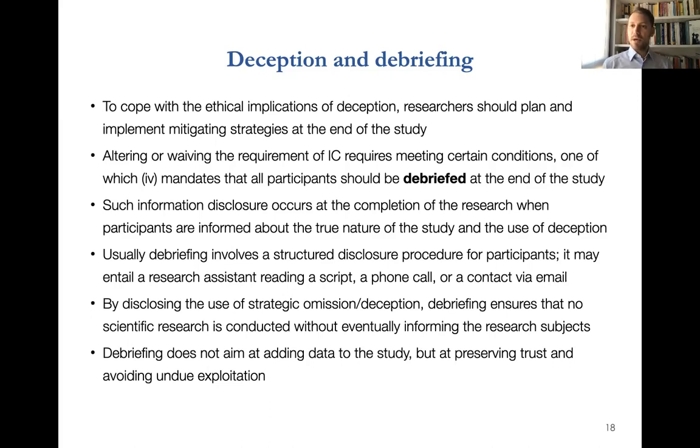So the purpose of implementing debriefing procedures in scientific research is not for a scientific purpose. It's solely and squarely for an ethical purpose. That is to say, to preserve trust and avoid undue exploitation in scientific research. So debriefing has an eminently ethical role and justification.